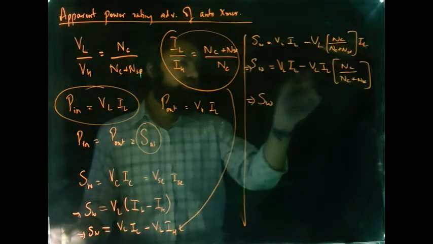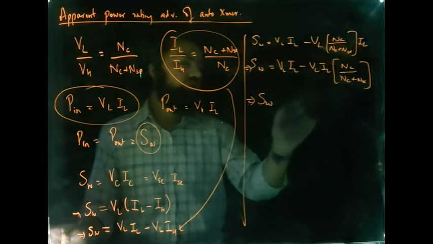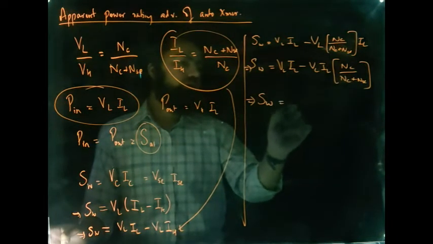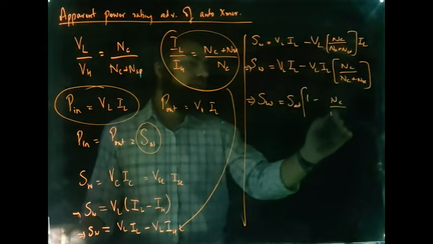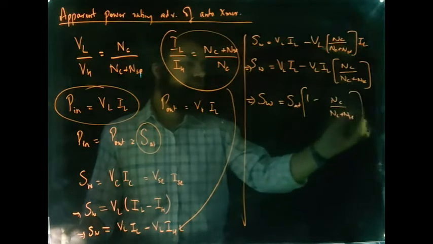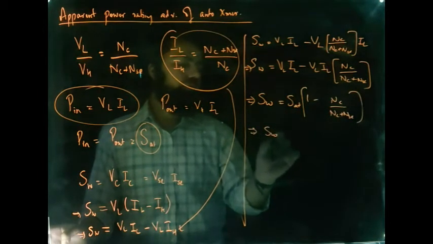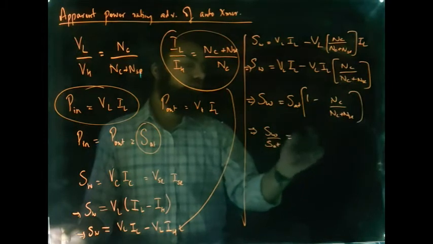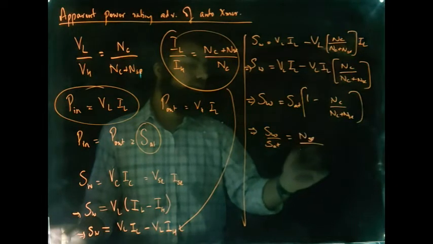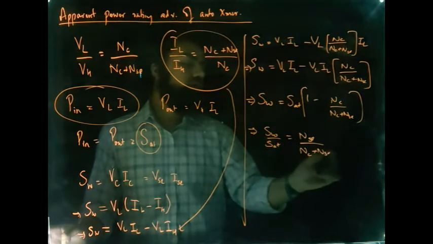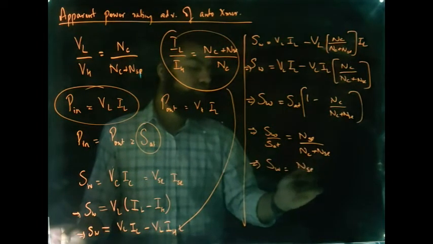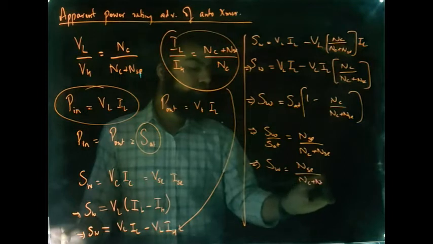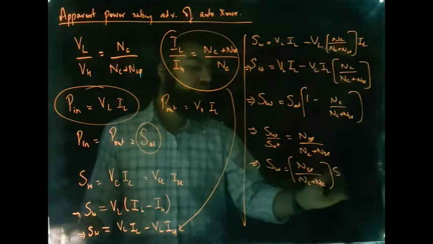So taking VL IL common, VL IL is SAT, and this is 1 minus NC divided by NC plus NSC. So SW divided by SAT is equal to NC plus NSC minus NC, that's NSC divided by NC plus NSC. So SW is equal to NSC divided by NC plus NSC times SAT.